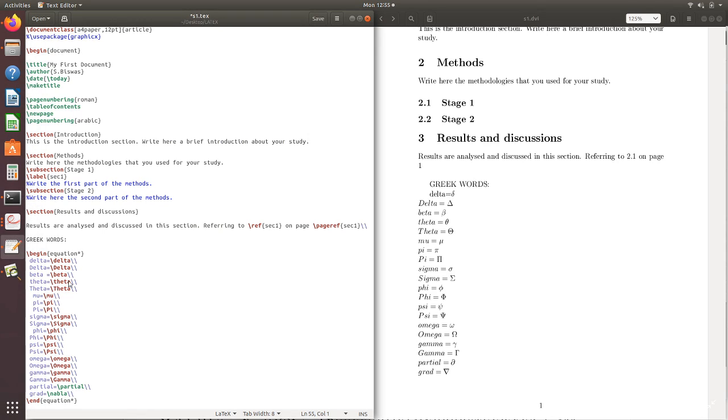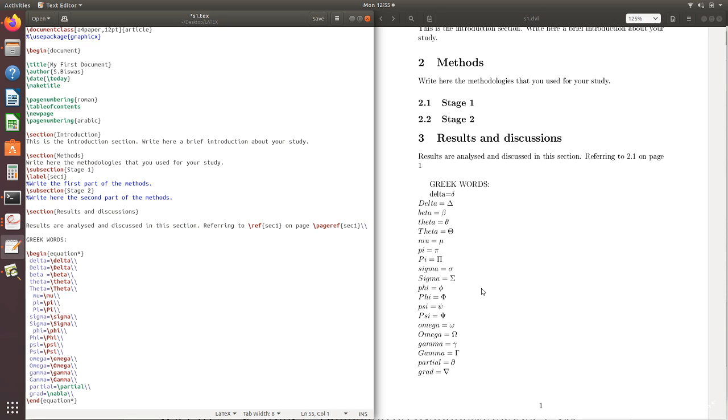Just go through all these terms, and the output is here, and you will understand how to write delta, capital Delta, beta, theta, capital Phi, mu, pi, capital Pi, sigma, capital Sigma, phi, capital Phi, psi, capital Psi, omega, capital Omega, gamma, capital Gamma, delta, partial, which is used for partial differential equations, and gradient or nabla, which can be written as backslash nabla.